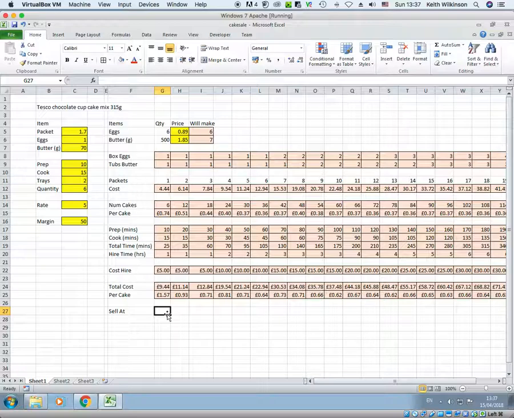So if we want to find out what 50% increase on £1.57 is, then I need to have this formula. I need to take the original price, and to that I'm going to add 50%. So this is going to be a little formula to find 50%.